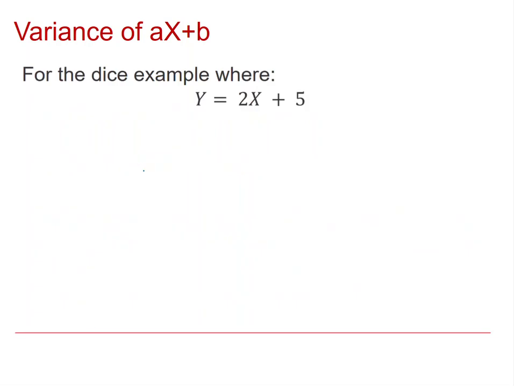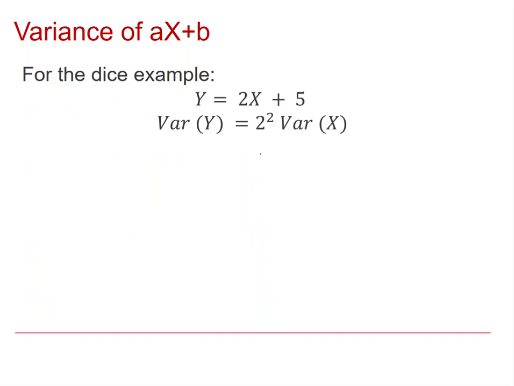So a quick example of one of these with the variance. We have a situation where we've rolled a dice, we're going to double the score and then add 5 to it, and we want to know what the new variance will be, the variance of y. So we know from the previous formula that we simply need to square the 2 and multiply it by the variance of x. But what's the variance of x?